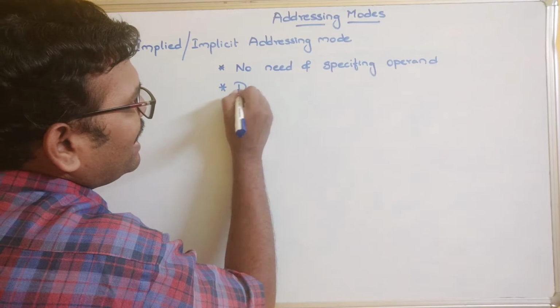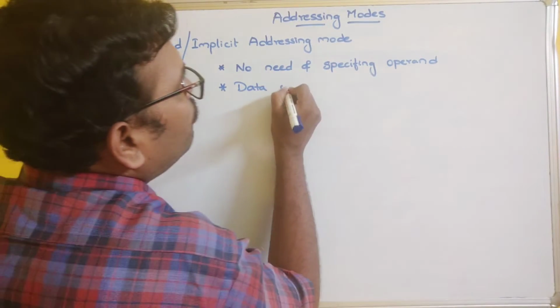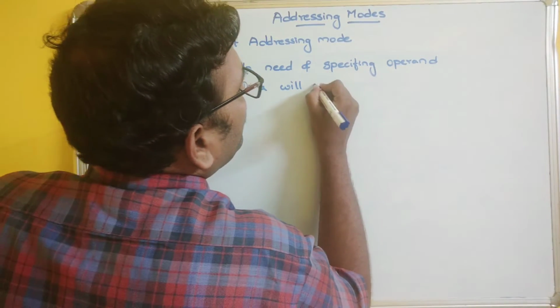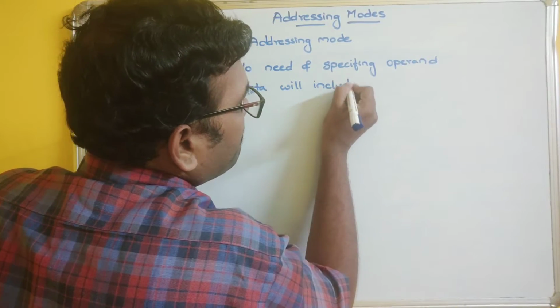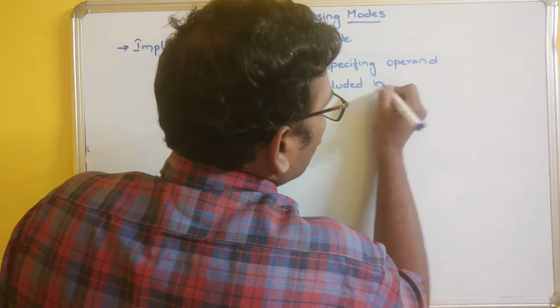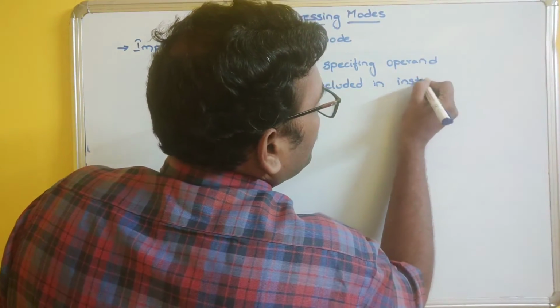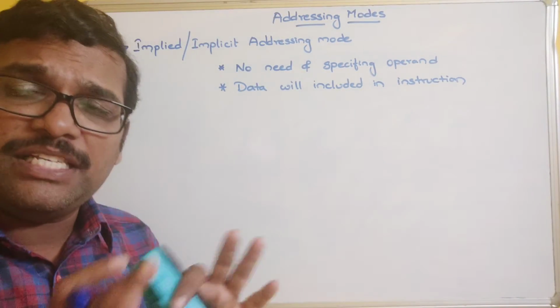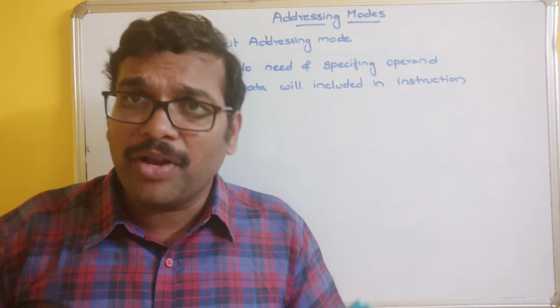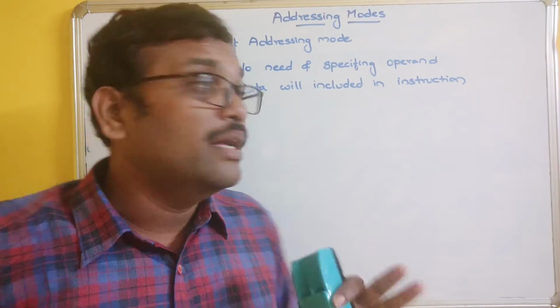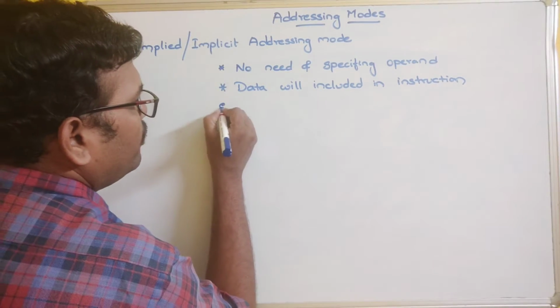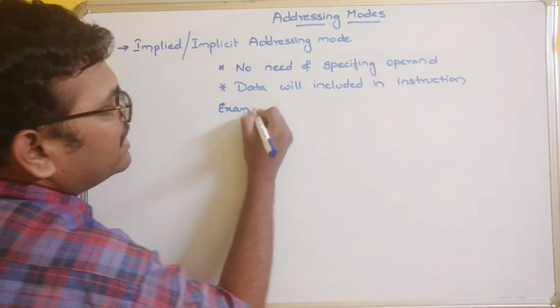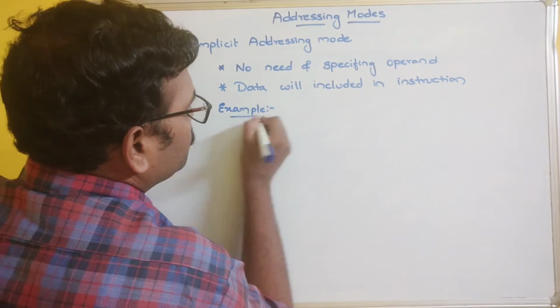Here the data will be included in the instruction itself. That means we need not specify any operand or memory address or any data, right? I'll give you an example so that you can easily understand this.